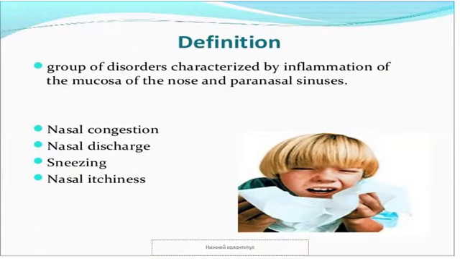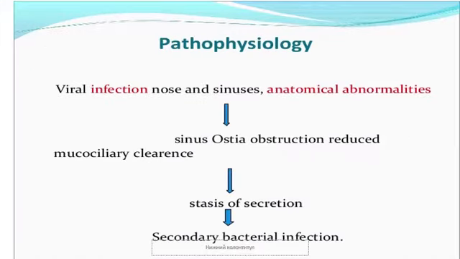The definition is a group of disorders characterized by inflammation of the mucosa of the nose and paranasal sinuses. The symptoms are nasal congestion, nasal discharge, sneezing, and nasal itch.